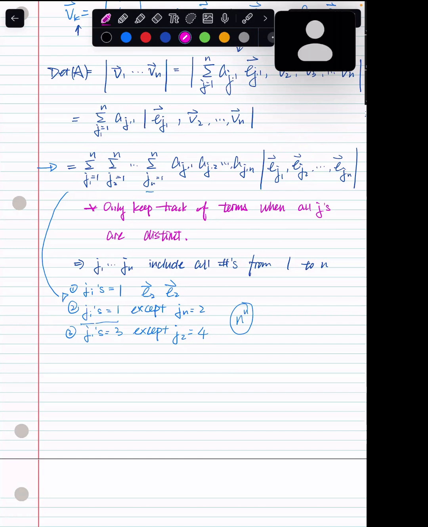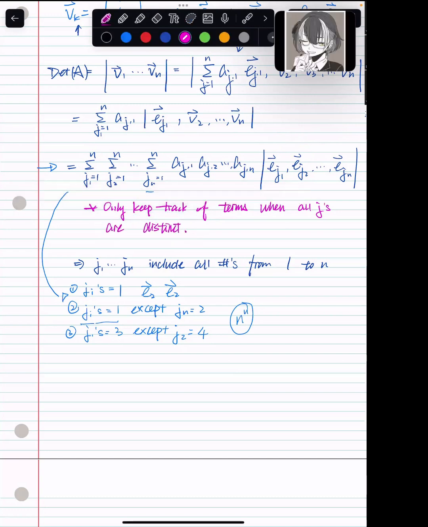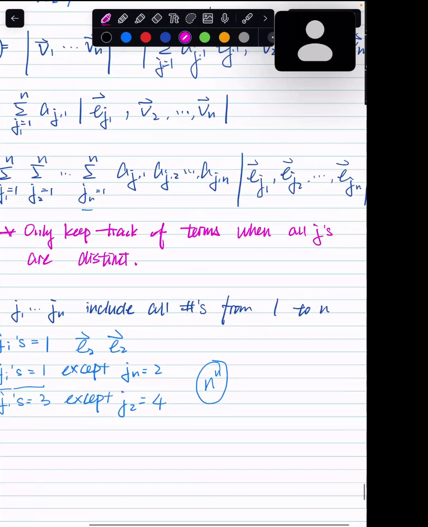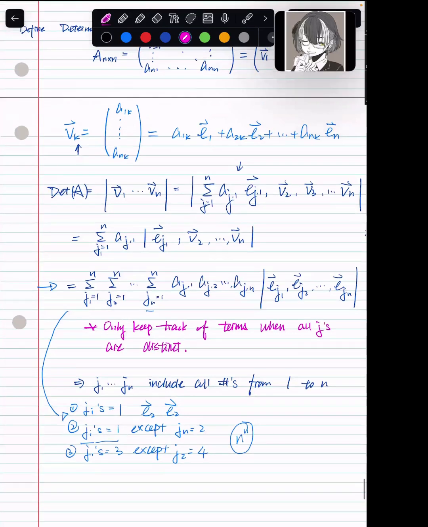So when you're calculating the determinant, you're meant to go through every single possibility? Kind of, but I'm actually just going through every column vector.